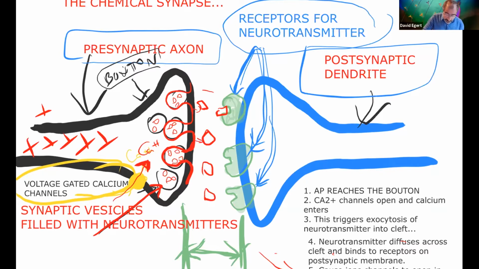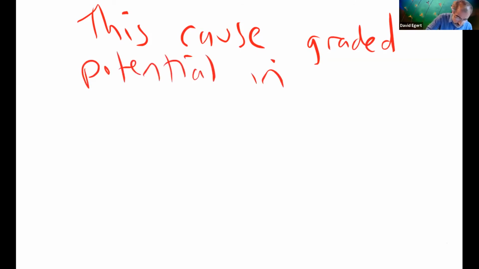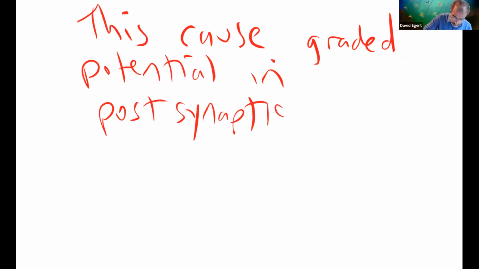And when we open up the ion channels, ions are going to cross this membrane, and it's going to cause a graded potential in the postsynaptic membrane. Right? If we have ions crossing the membrane, that's causing a voltage change. The voltage is going up or down.